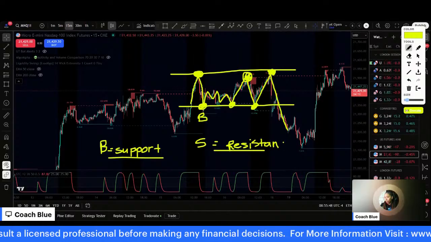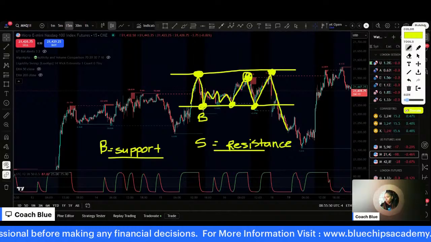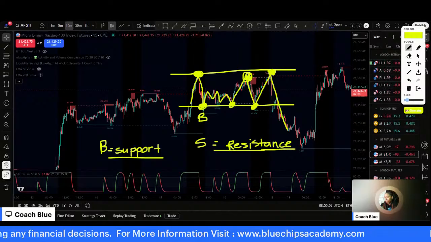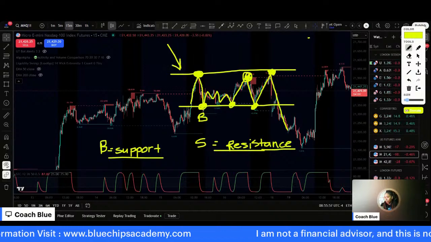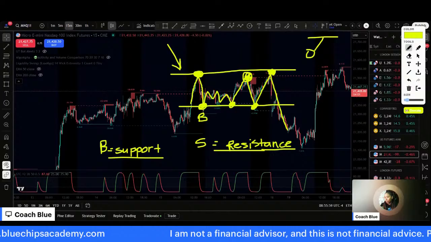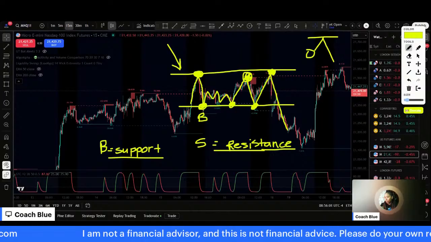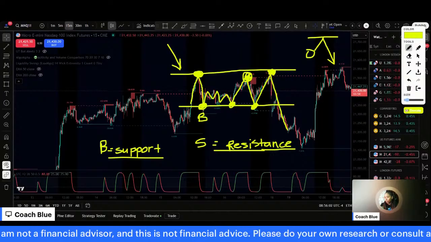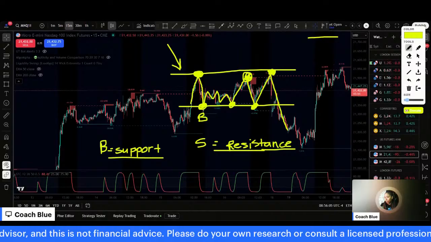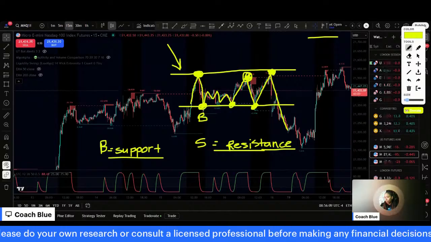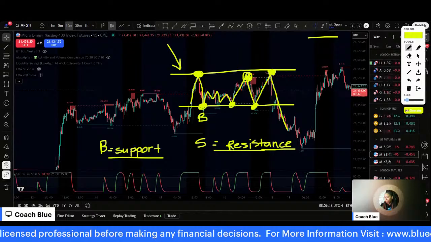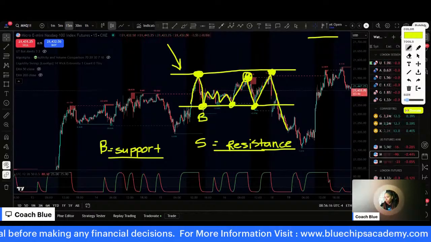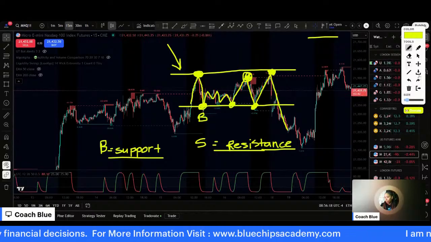If we look at this range right here, our resistance is this ceiling. Remember the ball analogy. If you throw the ball towards the ceiling, the natural reaction is for the ball to bounce down. So everything up to the ceiling, price resisted moving past this area, so it retraced back down. Now we have support, which is like your floor.